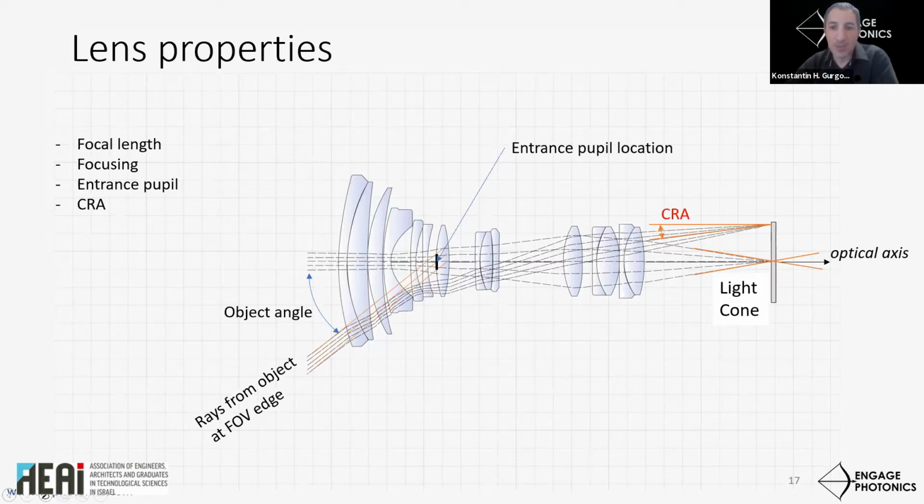The point of geometrical projection, or the pinhole used in computer vision books, is at the center of the entrance pupil of the lens. Typically, it's a virtual point somewhere inside the lens. If you need to locate it for your application, consult an optics expert or a lens supplier. Focusing a lens is adjusting lens position to the right distance from the image sensor, and we will talk about that in detail.